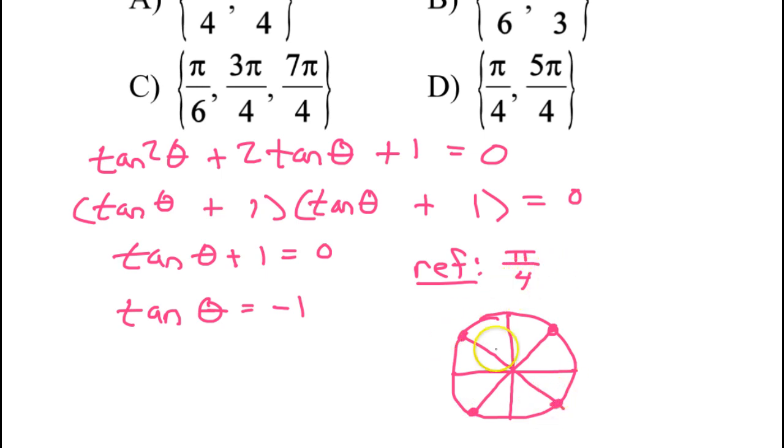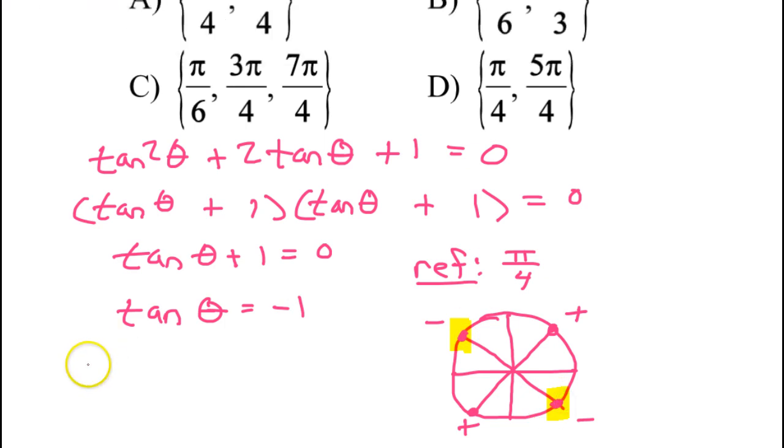If I take the tangent of any of them, I'm going to get either 1 or negative 1. Tangent is positive in these two quadrants and negative in these two quadrants. So in this case, the tangent of theta is equal to negative 1. That means the solutions will be here and here.